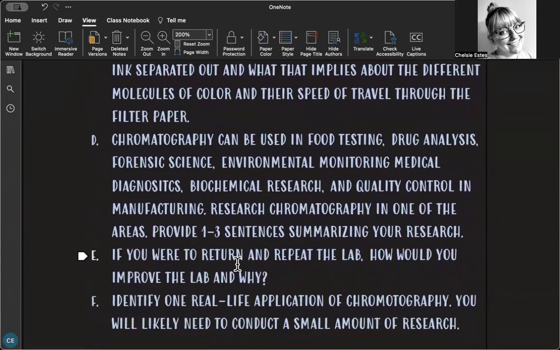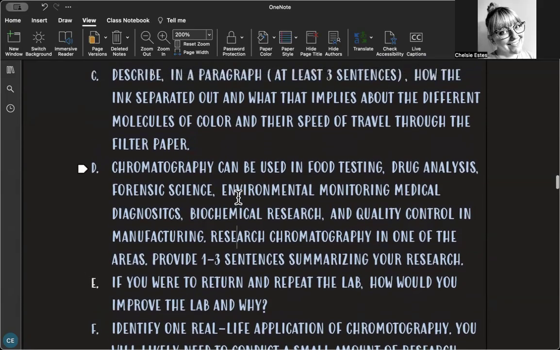So chromatography can be used in food testing, drug analysis, forensic science, environmental monitoring, medical diagnostics, biomedical research, quality control, and manufacturing. Research chromatography in one of the areas. Provide 1 to 3 sentences summarizing your research. This would be one where you would be online.